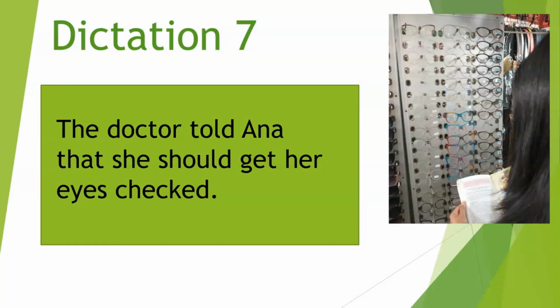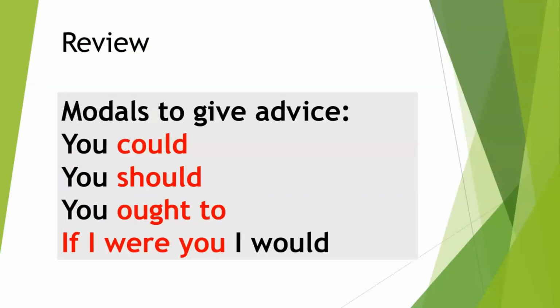And when we look at this dictation, the modal verb here is should. She should get. So here we've got the subject, the modal verb, and again the main verb right after that. So just as a quick review, we can see that there are several different modals that we can use when giving advice to someone.